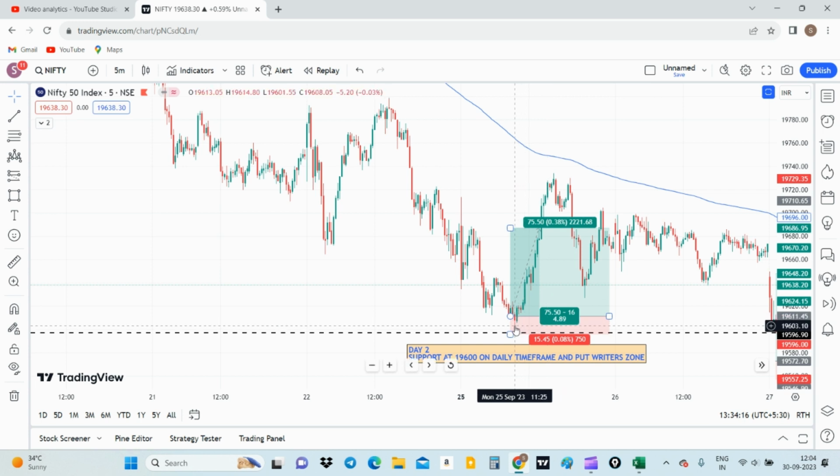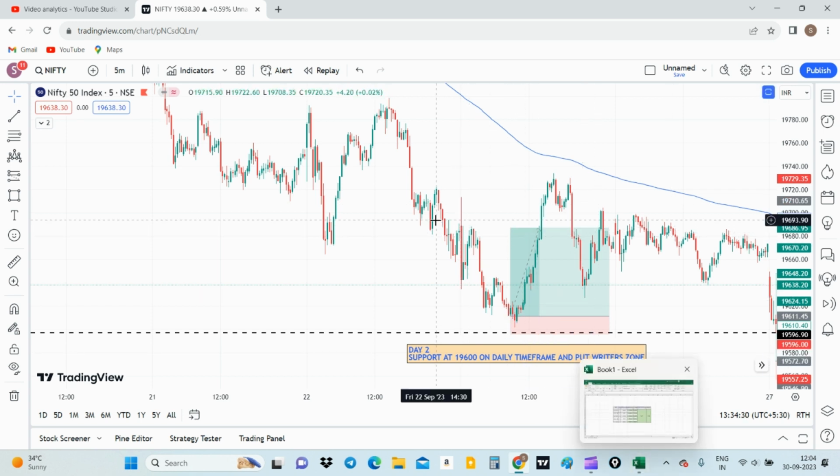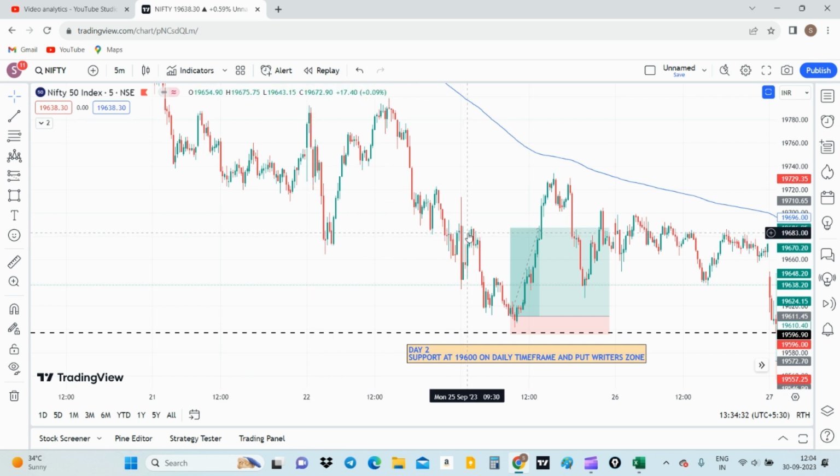After that, the Nifty went almost till 19,680, so I exited around this zone, where we had a resistance of around 19,680. At that level I exited because we saw resistance over here.